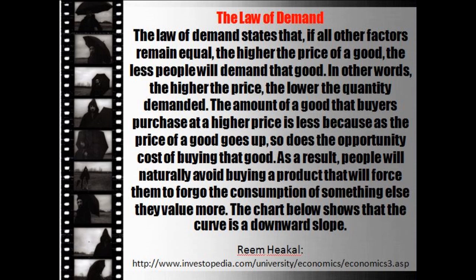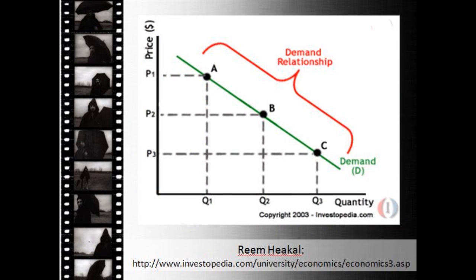As a result, people will naturally avoid buying a product that will force them to forego the consumption of something else they value more. The chart below shows that the curve is a downward slope. A, B, and C are points on the demand curve.